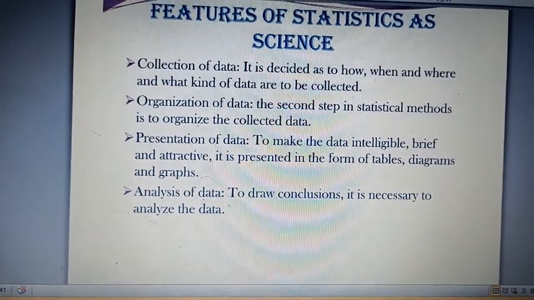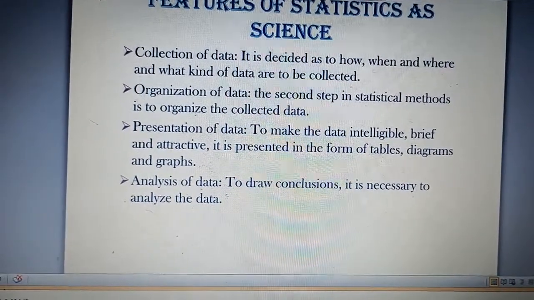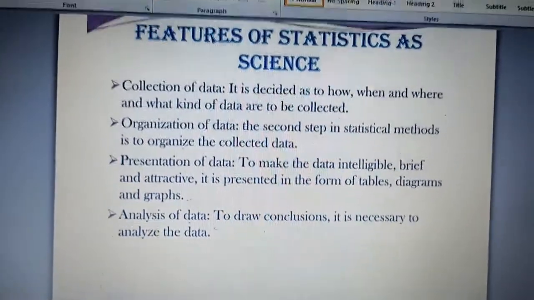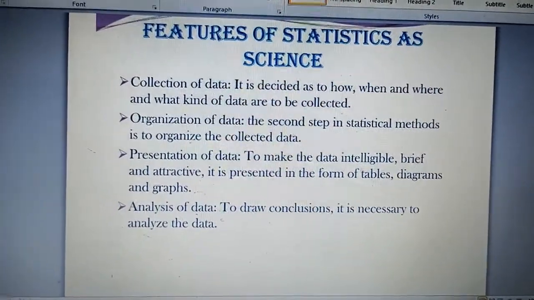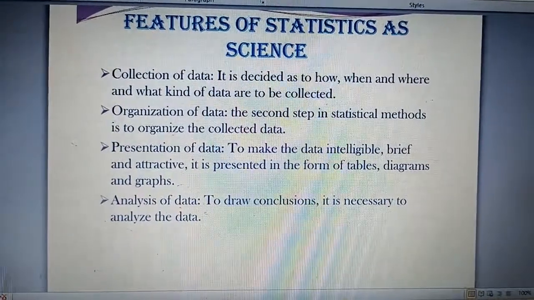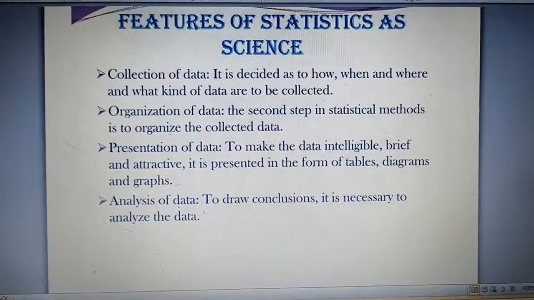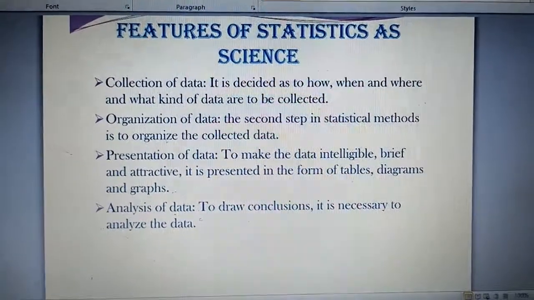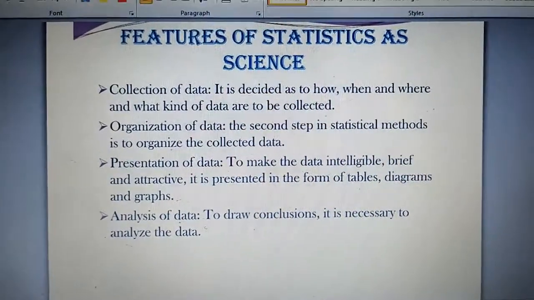Presentation, to make the data intelligible, brief and attractive. It is presented in the form of tables, diagrams and graphs so that even a layman can understand. Analysis of data, to draw conclusions it is necessary to analyze the data. If we collect, organize and present and after that we don't analyze, what is the use of that? That is totally useless. So in the last we analyze the data and after that we make conclusions.